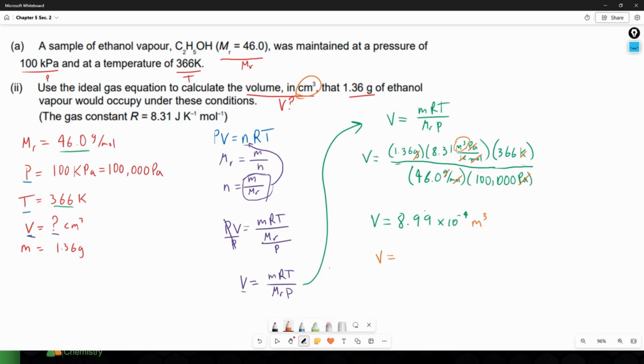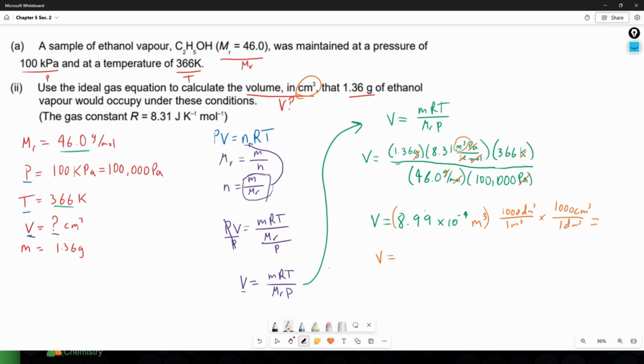Again, all we need to do in order to turn this from meters cubed to centimeters cubed is realize that 1 meter cubed is equal to 1,000 cubic decimeters, and then 1 cubic decimeter is equal to 1,000 cubic centimeters.